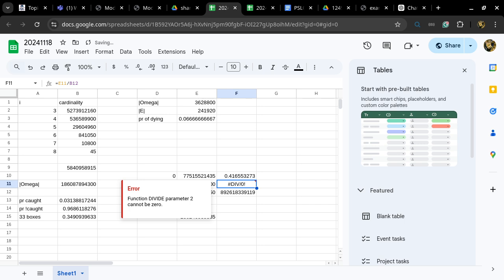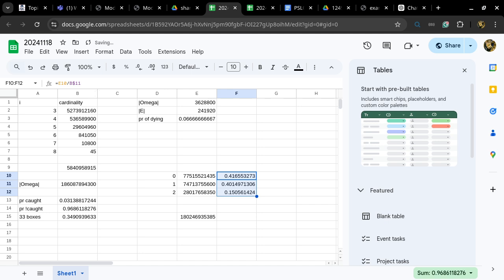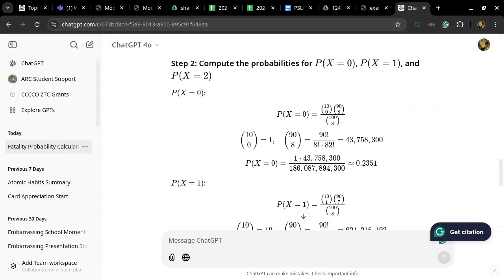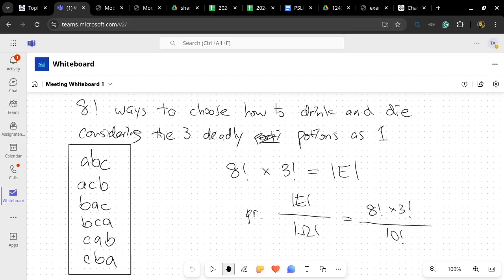There we go. Now between these three, that's like 90 something percent already. So the math seems to add up okay on my end. I'm going to pinpoint that problem later. I'll try to answer your question first.